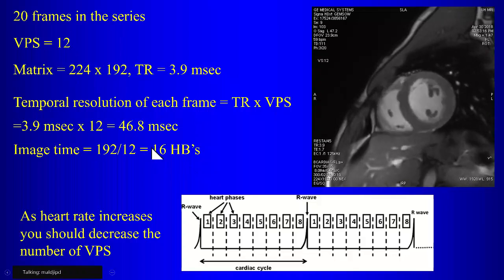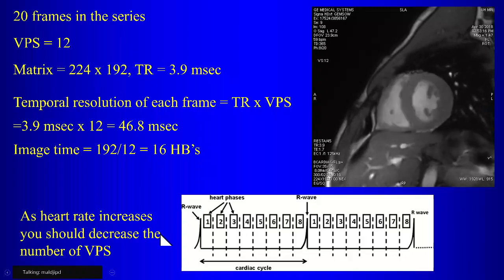I would need 32 heartbeats. But the heart rate is faster. 32 heartbeats, if his heart rate is 120 beats per minute, is still going to take 16 seconds. So I haven't really prolonged the breath hold. But I've improved the temporal resolution and I've avoided blurry images.